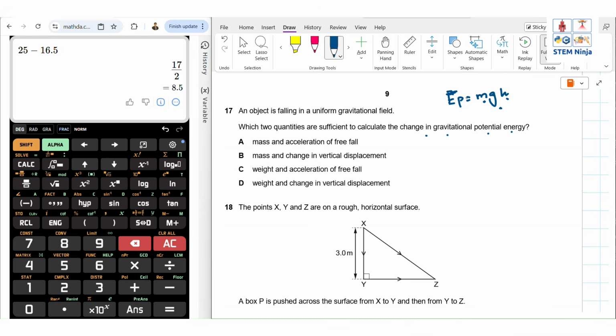So we need 2, not 3. So mg is basically the weight, and height is the change in displacement, you could say, is what we need. So weight and change in vertical displacement. This is sufficient information.